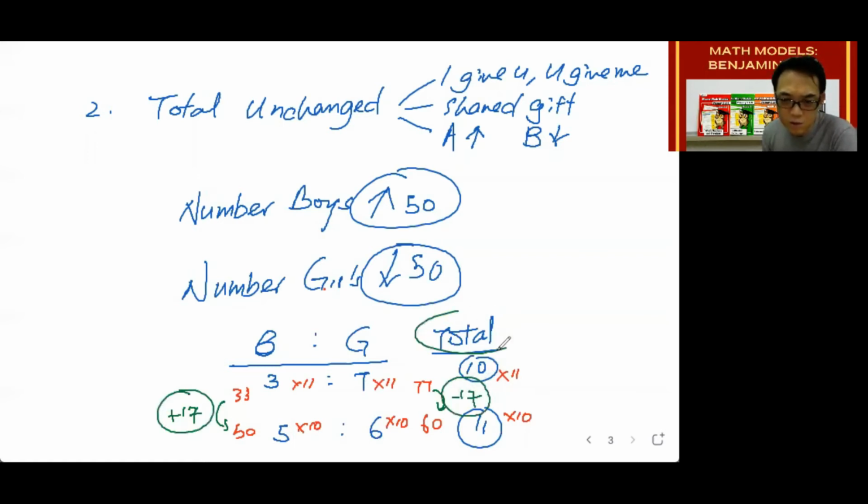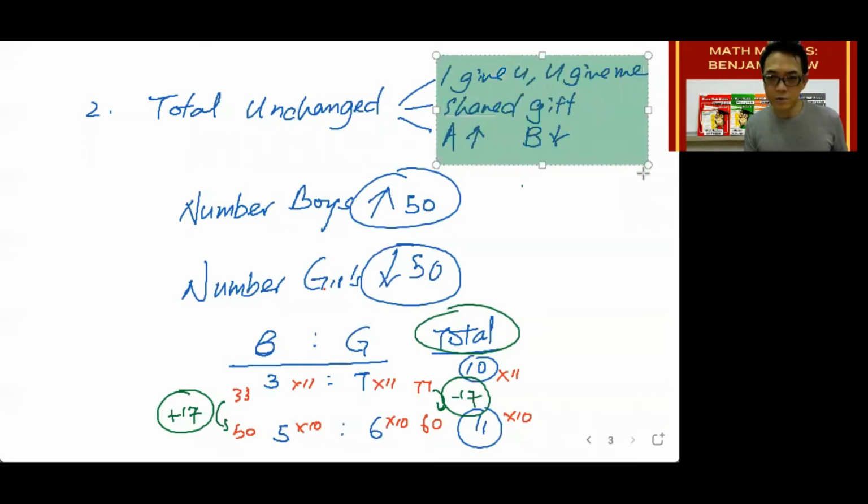Therefore, the total remains the same. That's the second type of ratio question. And this is how you recognize whether it is a total unchanged question. In the total unchanged question, the first step then is to make the total equal.